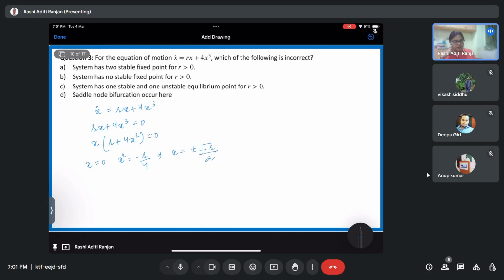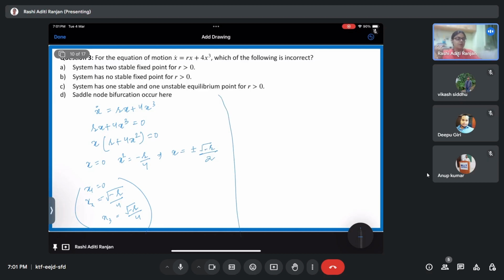plus minus under root of minus r by 4. Okay. So we have x1 equals 0, x2 with a minus, and x3 with a plus. These are my three fixed points. Okay. Now we'll have to talk about the stability.